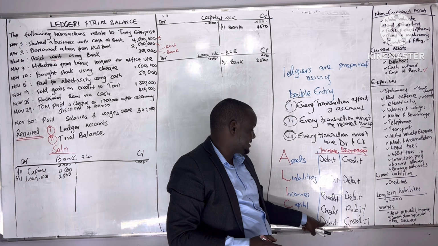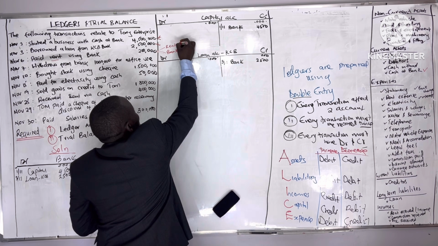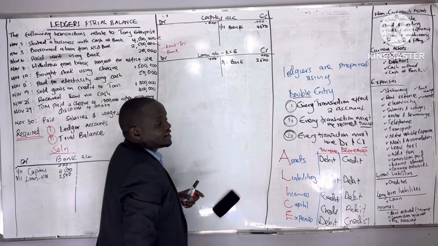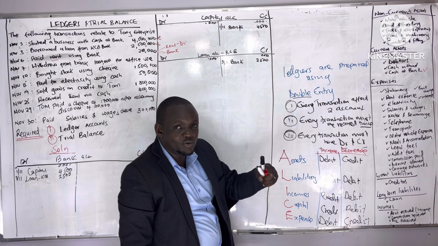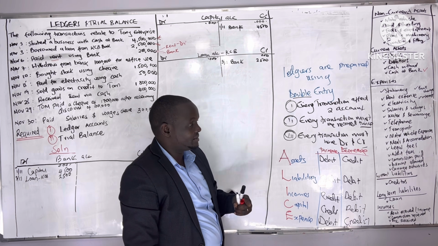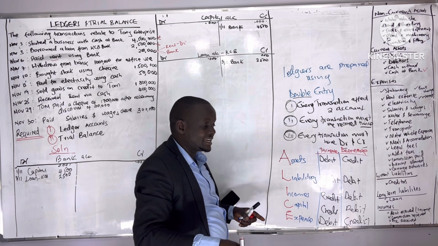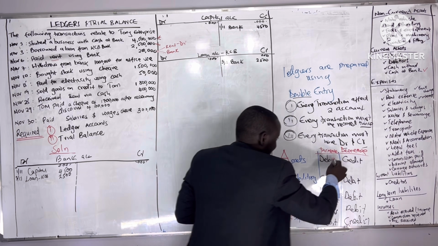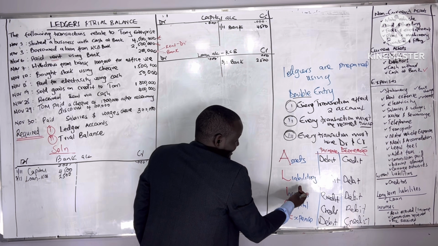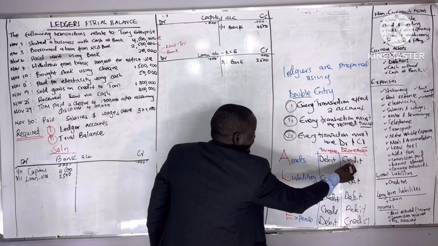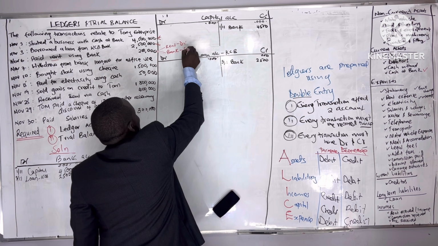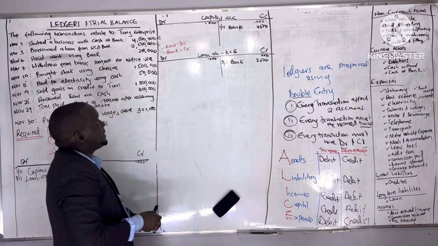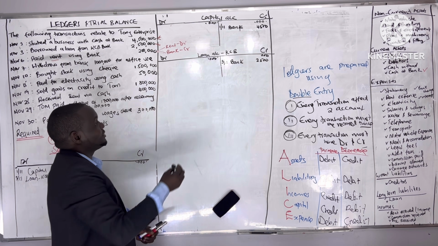Increase in expense is a debit, so we debit rent. When we are paying rent, the money we have in the bank is reducing. Cash at bank is an asset, and decrease in asset is a credit. So I'll credit bank.